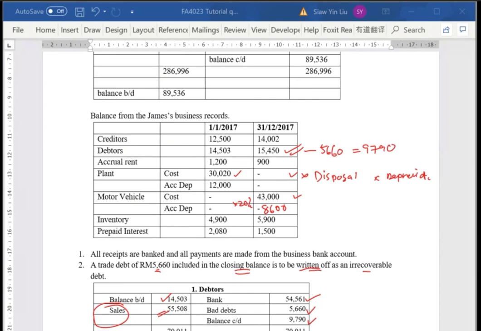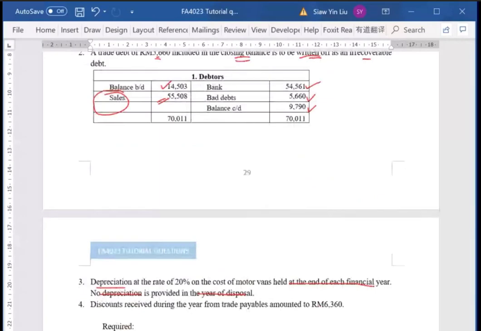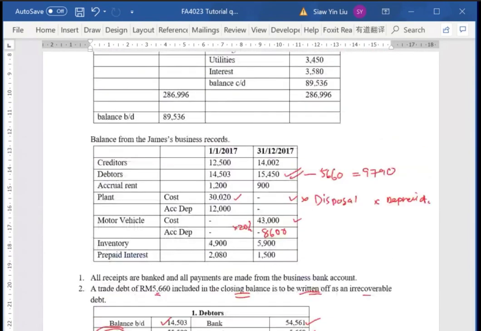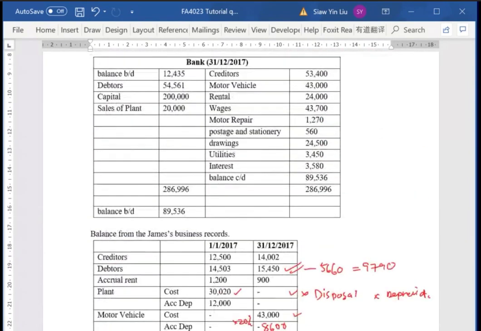Next thing, if you look at the questions, the question also mentions the disposal, right? So you need to check, do you have a gain or loss on disposal? If you look at here, the disposal account, they give you this information. Cost 30,000. Accumulated depreciation is 12,000. Selling price 20,000. So disposal account, gain or loss?